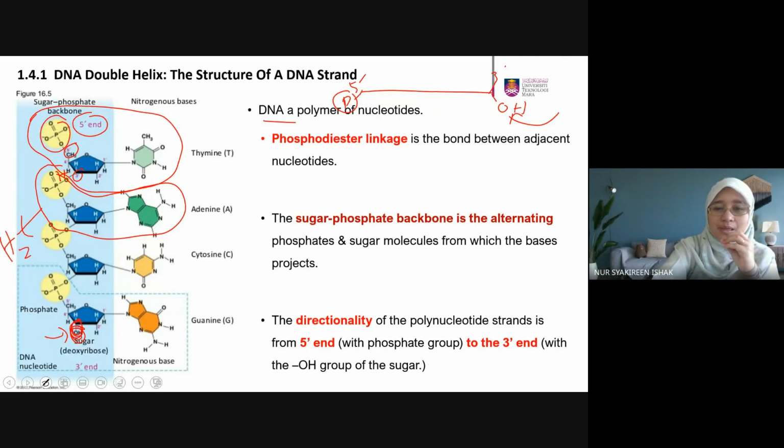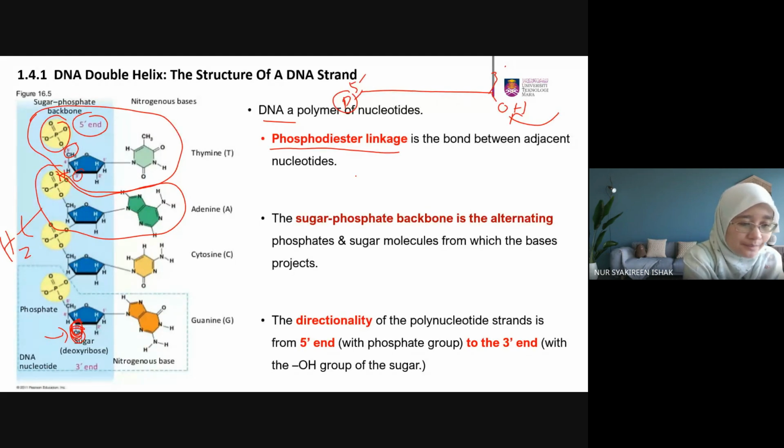Another thing that you have to take note of on the structure of a polynucleotide is that the nucleotides are attached through the formation of phosphodiester linkage. Phosphodiester linkage is the bond between adjacent nucleotides. So there will be a possibility of questions. I'm not sure whether it is asked during semester 1 or 2, but you have to know the facts. Where is the location of the phosphodiester linkage?